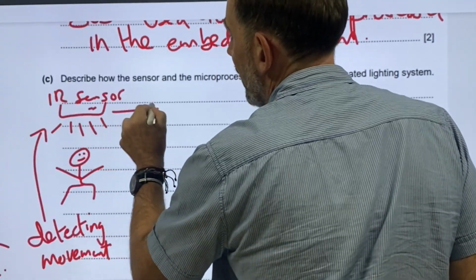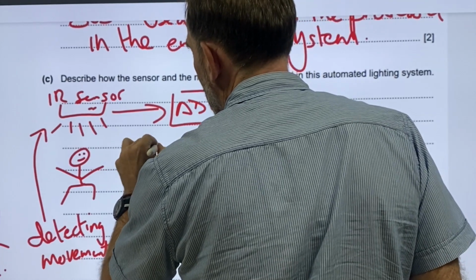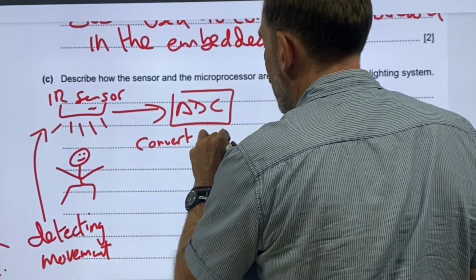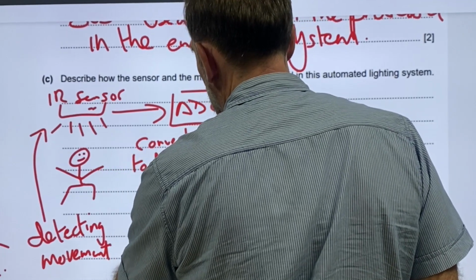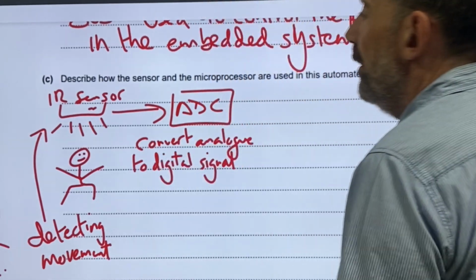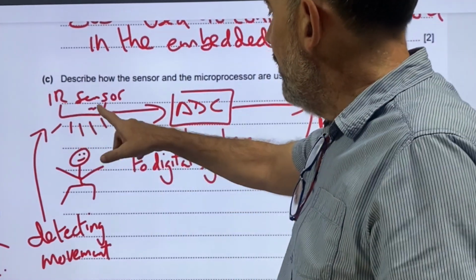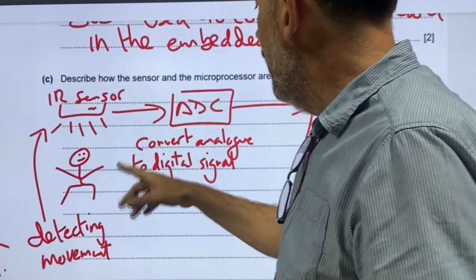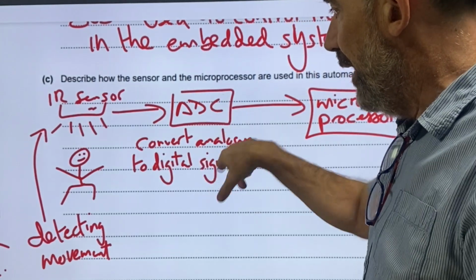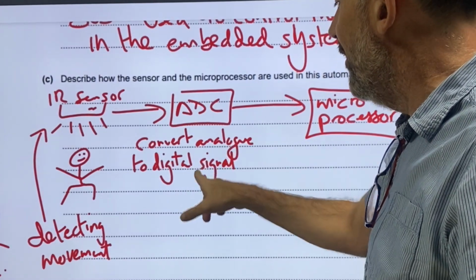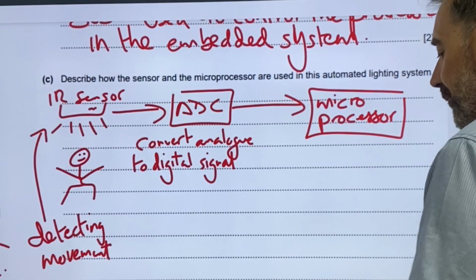The infrared sensor is connected to an ADC, which converts analog to digital. The infrared sensor sends signals continuously to an ADC, which converts the signal from analog into digital. It sends this digital information to the microprocessor.